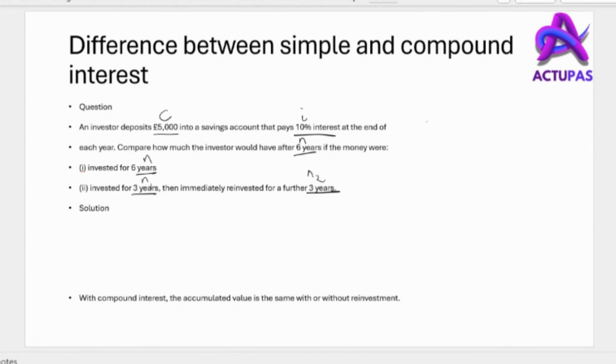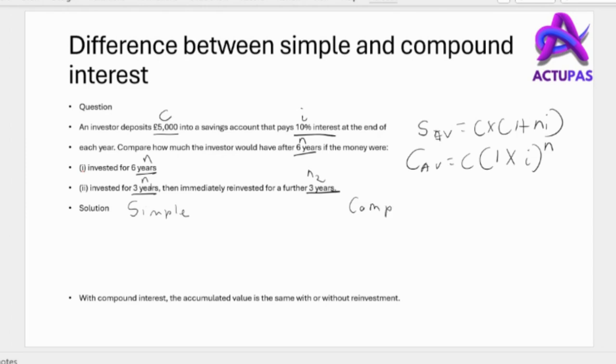And we've already said that with simple interest, the accumulated value is equal to C times 1 plus Ni. With compound interest, the accumulated value is C times 1 plus I to the power n. So for the solution here, to show the difference, we have simple here and then compound here. For number 1, using simple interest, this is the formula.